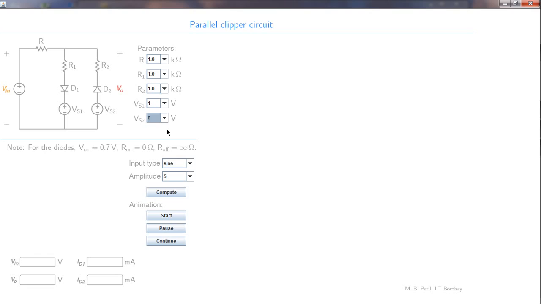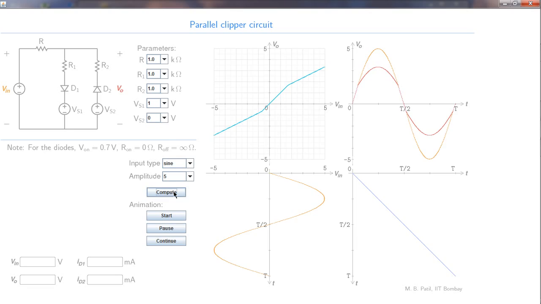Okay, let us now compute the VO versus VI relationship, and this is what it is. This axis is VI going from -5 to +5 volts. This axis is VO, again going from -5 to +5 volts, and that is our VO versus VI characteristic. Where are the breakpoints? One breakpoint is here, the other breakpoint is here.